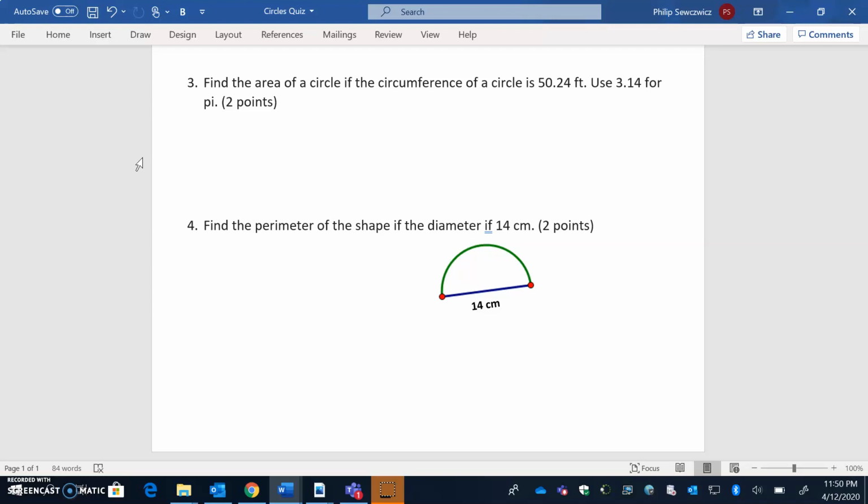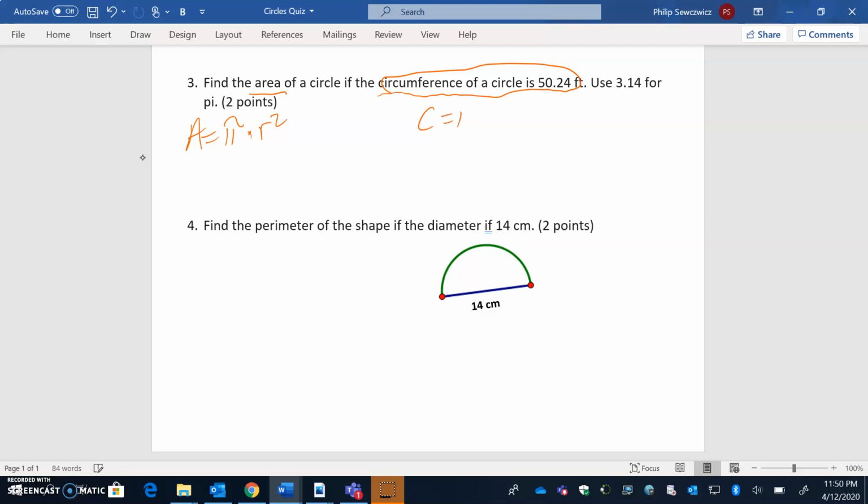Now, man, do we like this question. This question is asking us to find the area, but they're telling us what the circumference is. So keep this in mind. To find area, it's going to be pi times radius squared. So I need the radius. That's what I've got to figure out, but they didn't give me the radius. They told me the circumference of a circle is 50 and 24 hundredths.